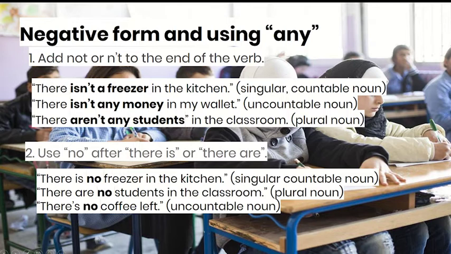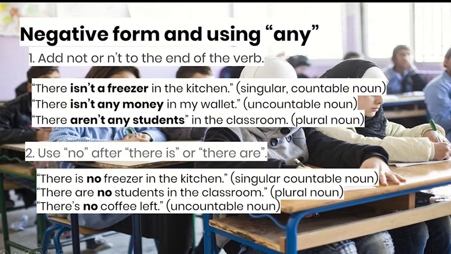It's a singular countable noun. You could also use there isn't any money in my wallet. There isn't any money in my bank account. Money could be uncountable. So you could say there isn't any for uncountable noun.